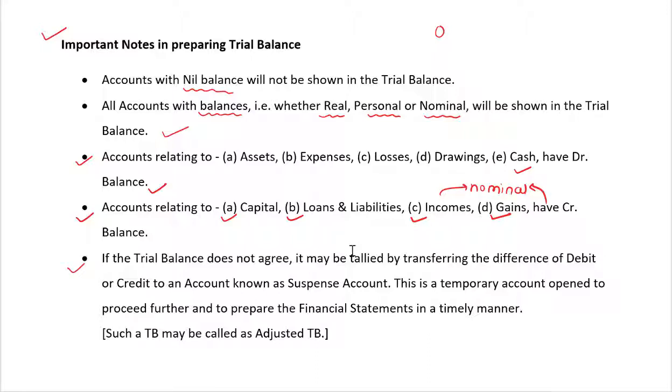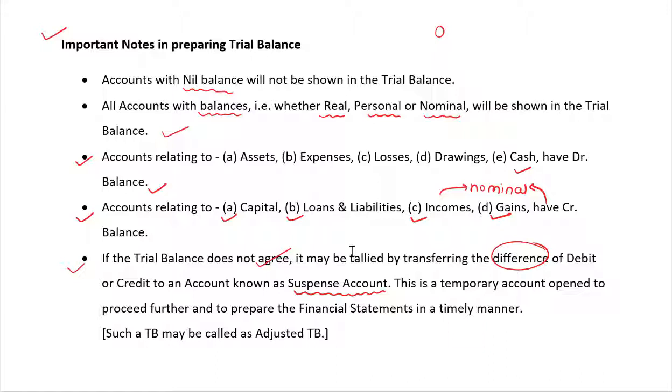If the trial balance does not agree, that means what? You have an arithmetical error. It may be tallied by transferring the difference of the debit or credit side to which account? Suspense account. So for the time being, it is not tallied right now. What we will be doing is transferring the difference amount to the suspense account.